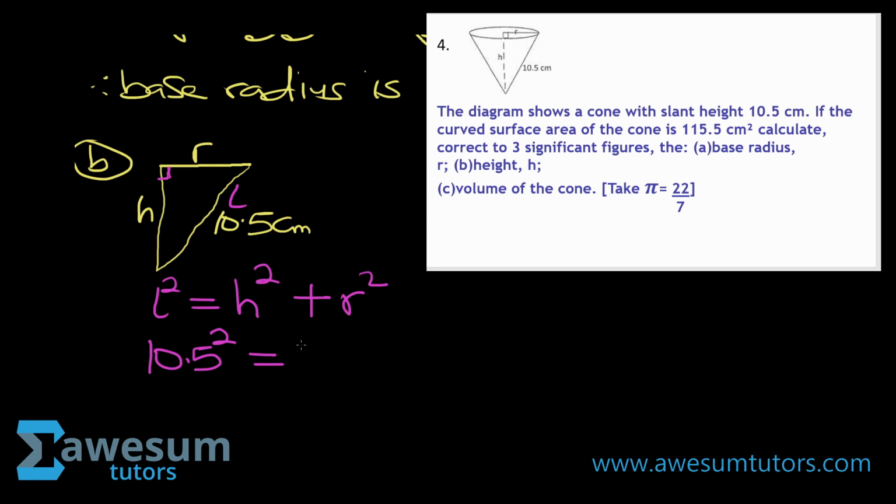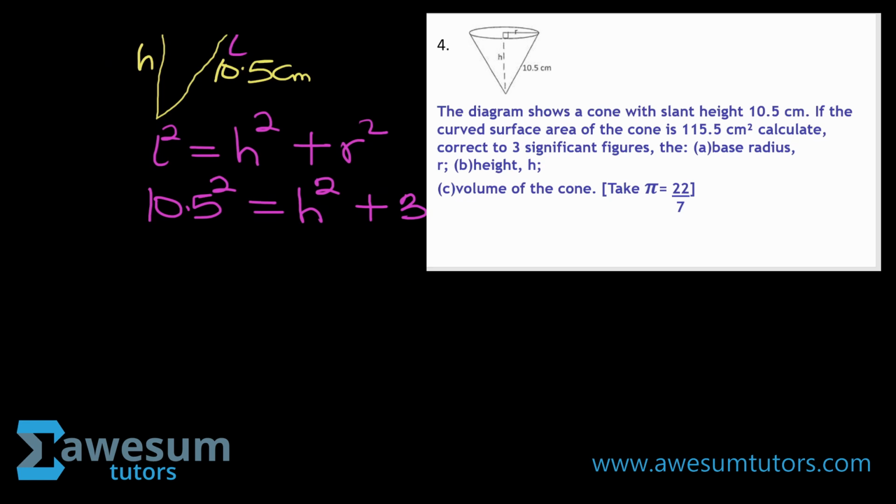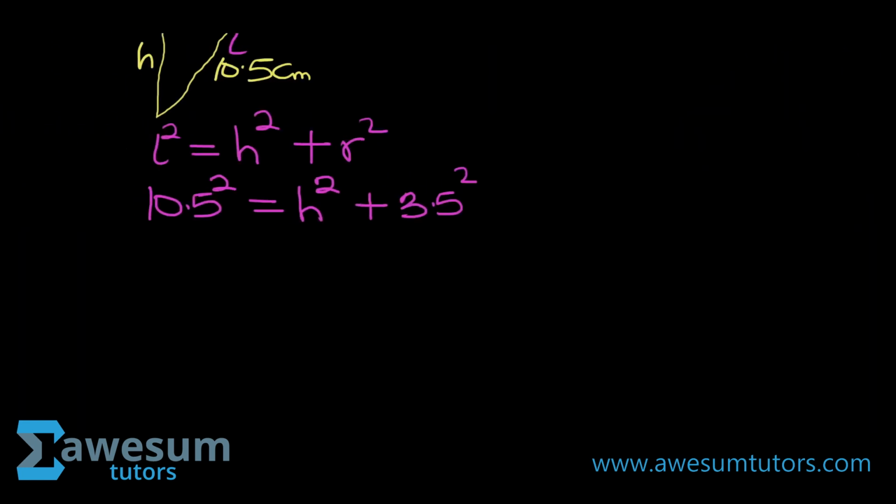Equals H squared. That is what we are looking for, H, the height. H squared plus R, the base radius, which we just found to be 3.5, so I'll have 3.5 squared. Very good, guys. So now this is what we need to do.